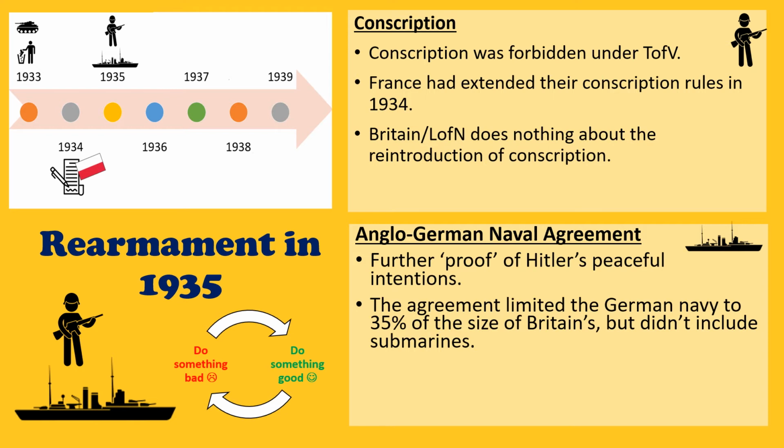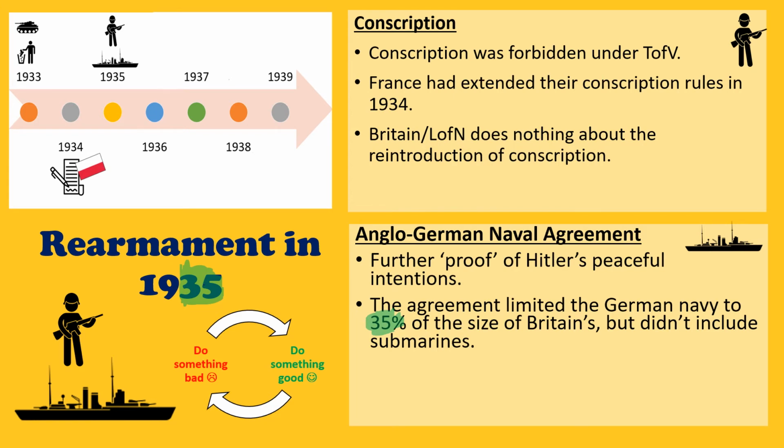The thing I love about this is that the percentage that was agreed on, that 35%, is exactly the same as the year that it happened in. Okay, so this is a really nice memory hook to help you remember dates. If you remember the percentage size, then you remember the date. If you remember the date, you remember the percentage size.